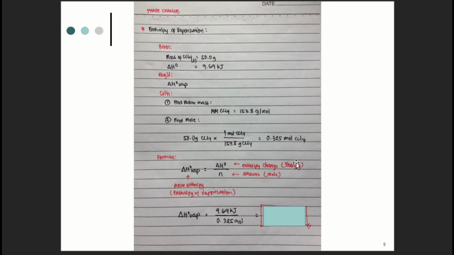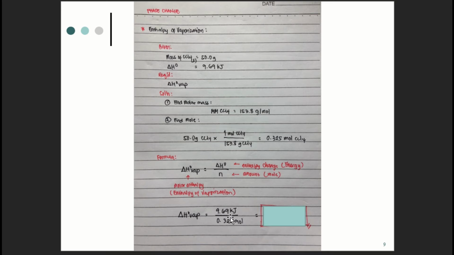Now that we have the amount of the substance, the moles present in our sample, we can now compute for the molar enthalpy. The energy is given, and we also have our mole. So, just apply the formula. The enthalpy of vaporization is equal to the energy over the amount or mole.